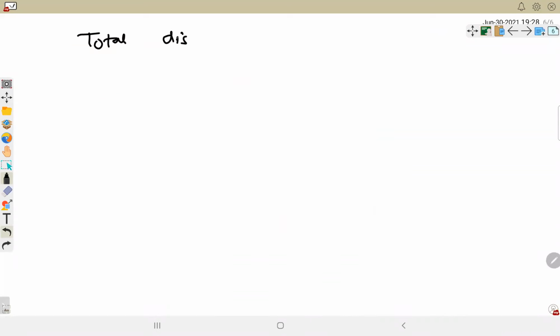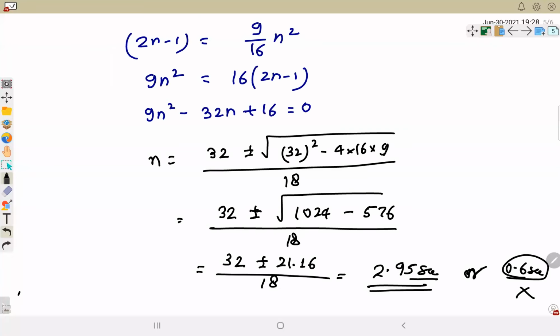We apply that second equation. It is not necessary that n has to be a perfect number. Last second will be 1.95 to 2.95, right? It is not necessary that it has to always be a whole number for the equation to be correct. It can be anything, from 1.1 to 2.1 is also 1 second.